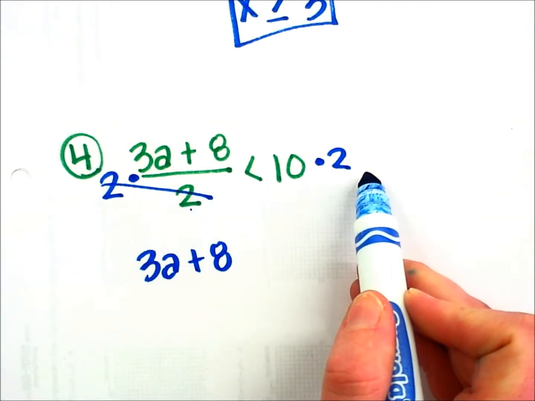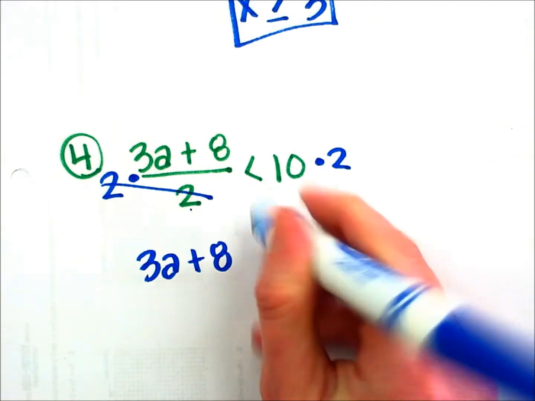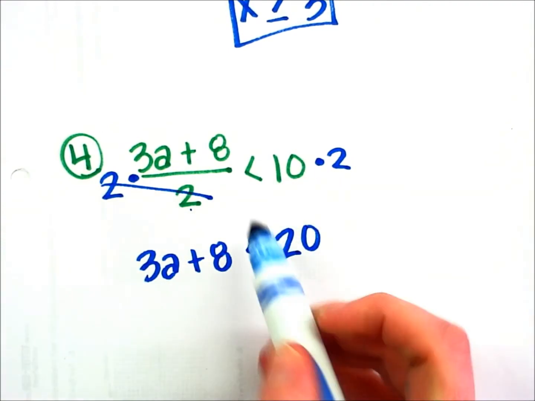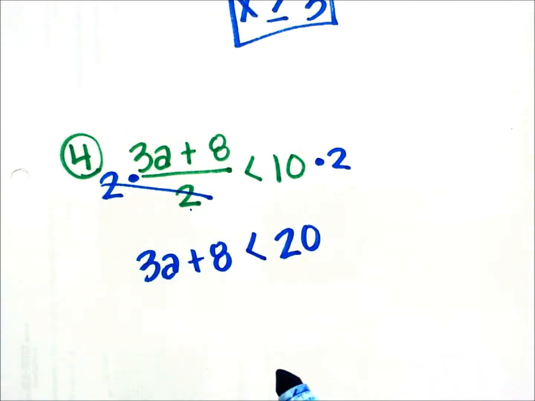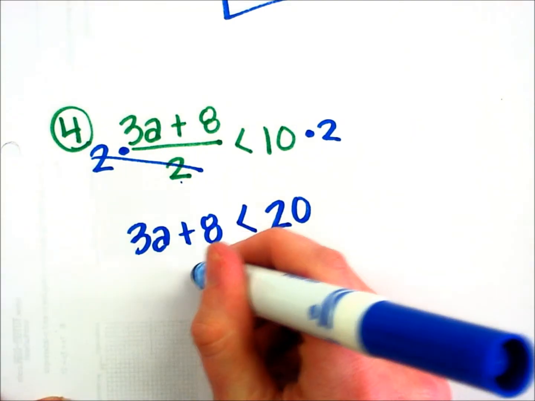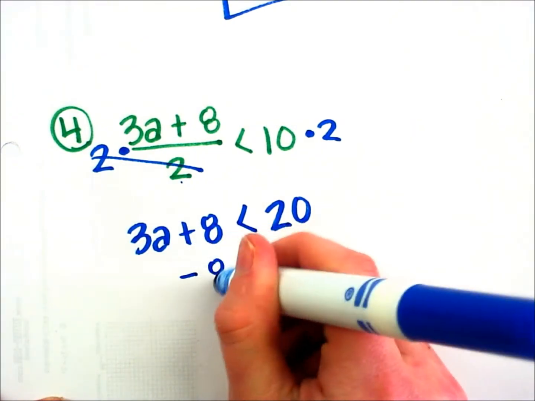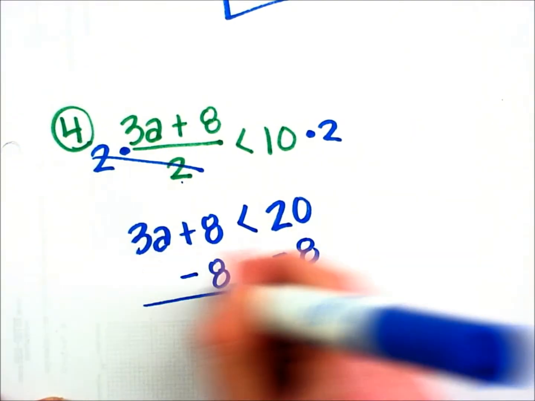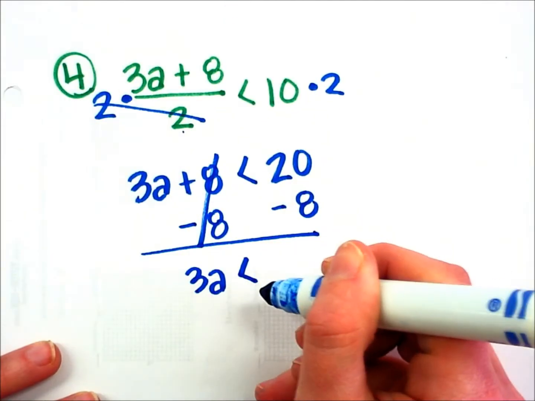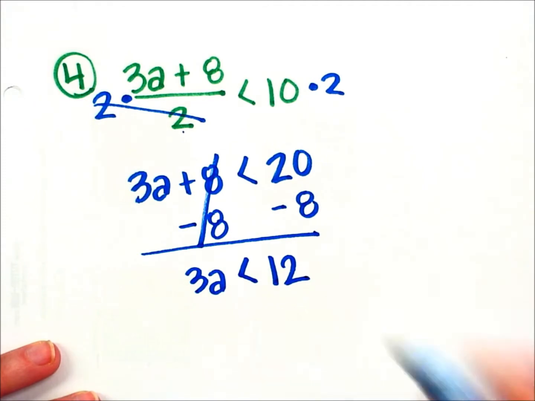I multiplied both sides by a positive number, so that has no effect on my inequality symbol. The only time this inequality symbol flips is if you're multiplying or dividing both sides by a negative number. Solve for 3a by subtracting 8 now on both sides. So I see that 3a is less than 12.